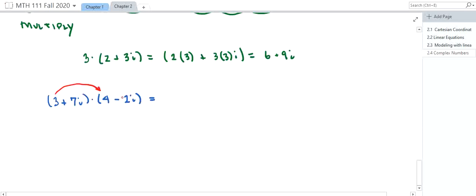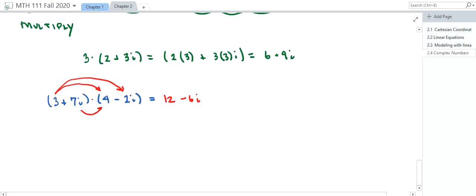So we'll take 3 times 4, which is 12. Then 3 times minus 2i is minus 6i. So it's like we did up here, but now we've got to do it twice.